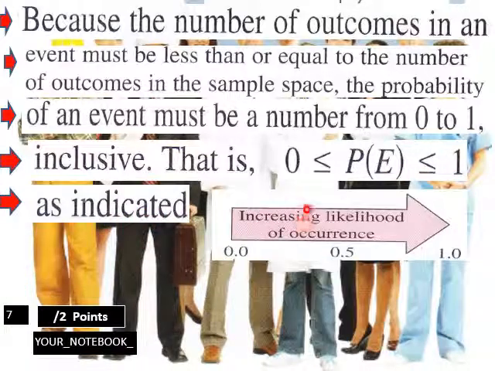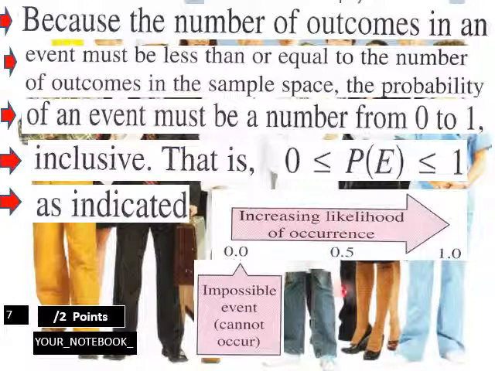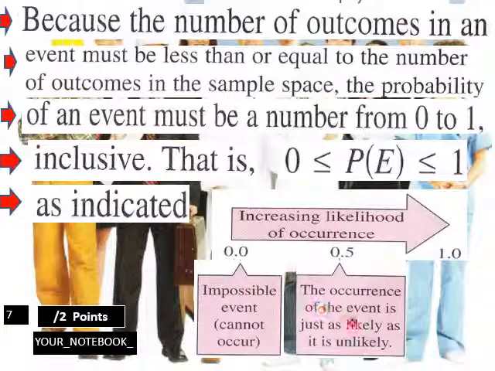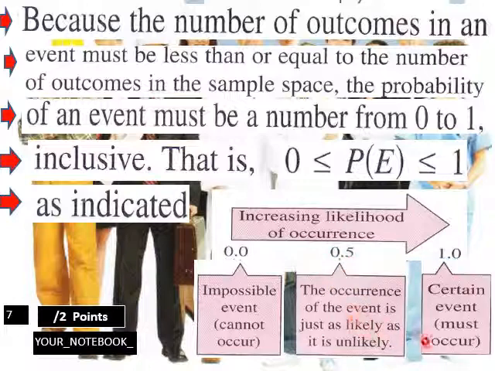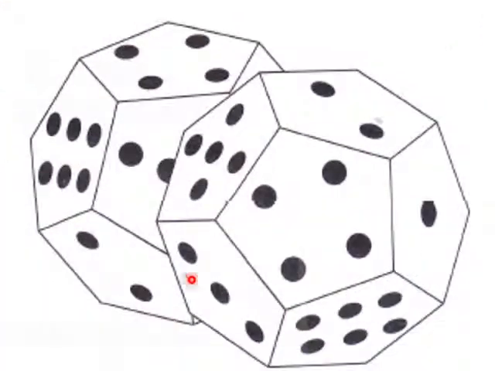Here's a way to visualize this. An impossible event would be 0.0 chance, and an event just as likely as unlikely, a 50-50 chance, would be 0.5, and then a certain event must occur, a 100% chance that it will occur.